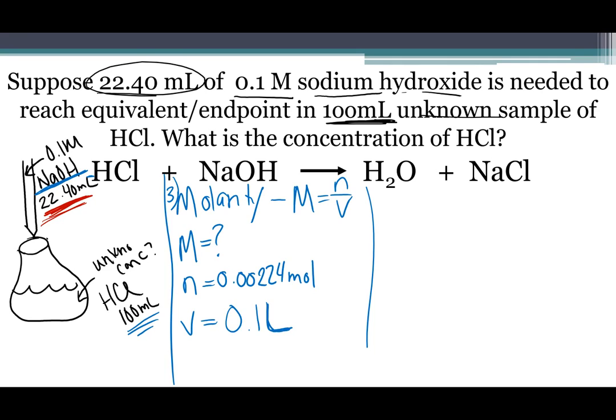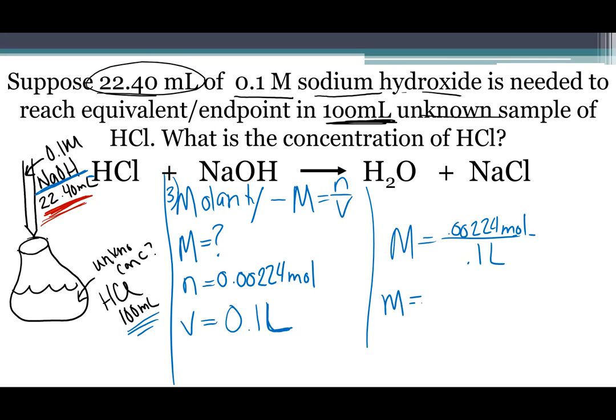Plug it into the problem, chug your way through it. So molarity equals number of moles, 0.00224 moles, divided by the volume, 0.1 liters.